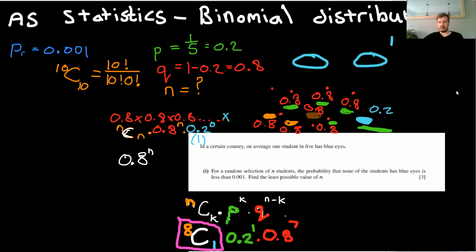So let's look at how that would be written out the long way. You have a button on your calculator which does this, but let's look at the factorial part, and then we'll get back to this original question. So we have 8 choose 1. What that means is 8 factorial on the top over, and then we're choosing 1, so 1 factorial.